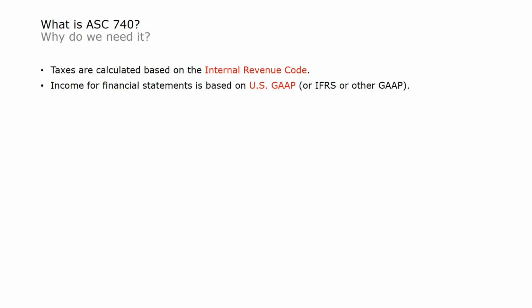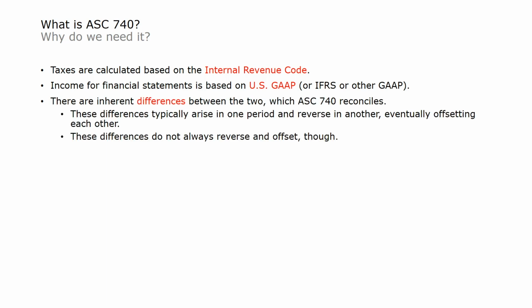First bullet point: all of our taxes for the tax returns are calculated based off of the Internal Revenue Code. Income for the financial statements, as we all know, is calculated based on US GAAP, or if you're not reporting under US GAAP, it's either under IFRS or some other local country GAAP. As I mentioned a little bit ago, there are inherent differences between the Internal Revenue Code and GAAP.